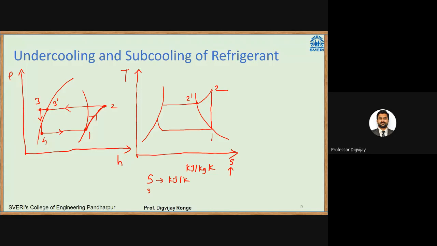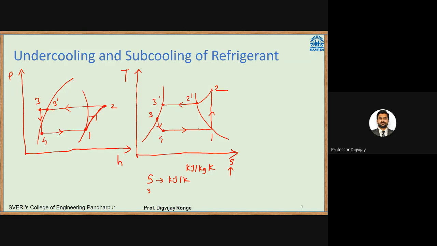Then this will be point 3 dash. This will be our point 3. This will be point 4. So the TS diagram is a little bit different here. So 1 to 2 compression, 2 to 3 condensation, 3 to 4 expansion, 4 to 1 it is heat extraction. So this is the diagram for subcooling of refrigerant.